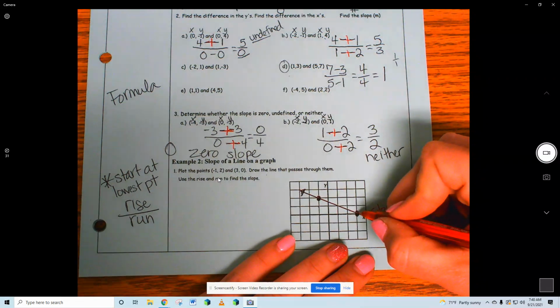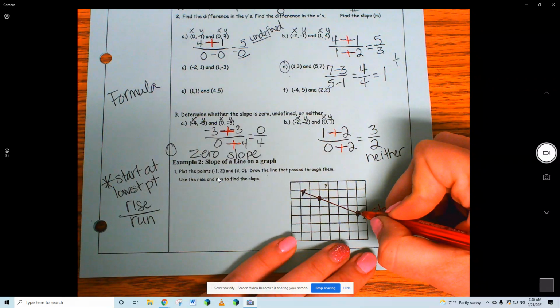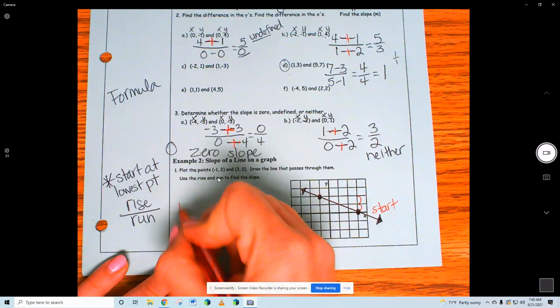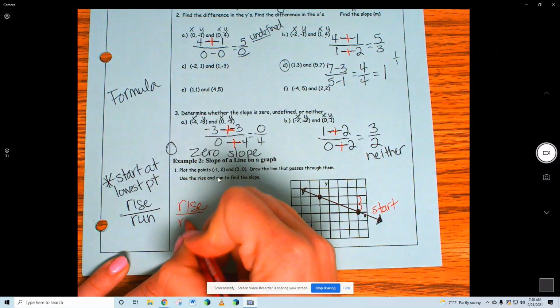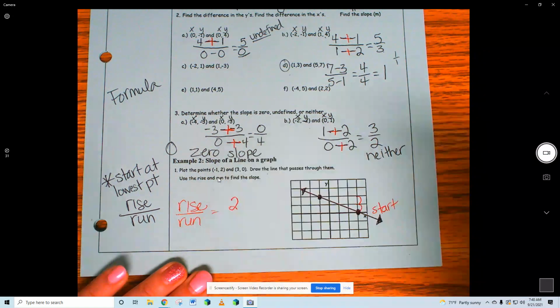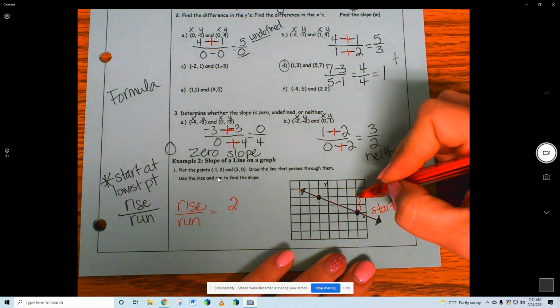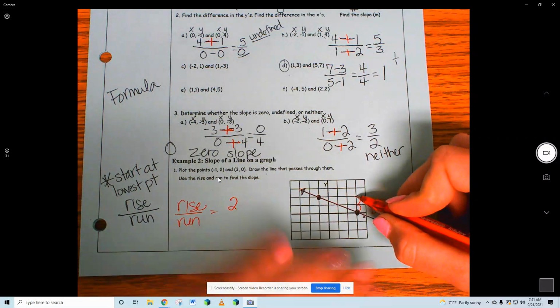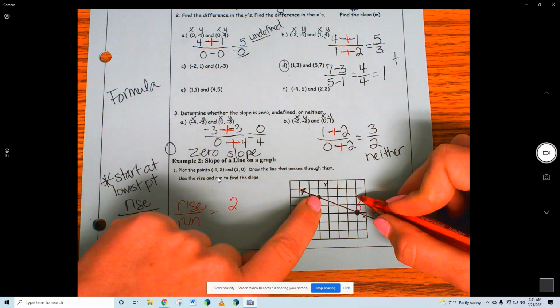Rise up to the same level that the other point is. 1, 2. So I rose 2. I don't go higher than this because then I won't be able to reach the point. Don't pass your point. I can only go up 2 boxes because that's where this point tops out.